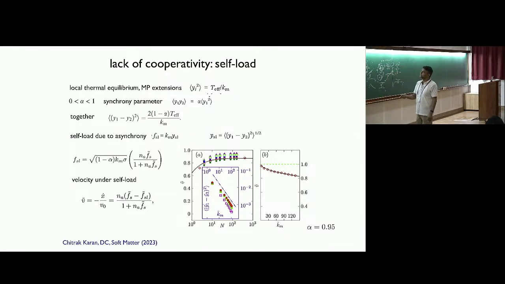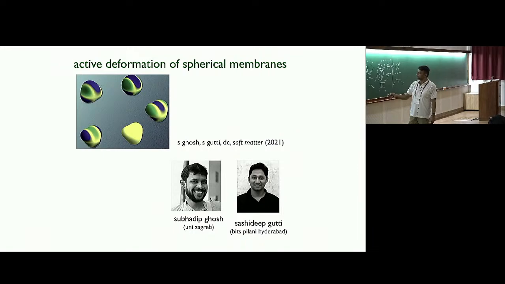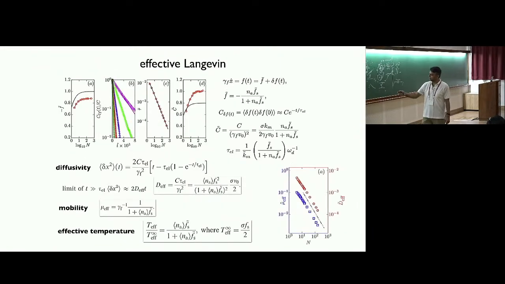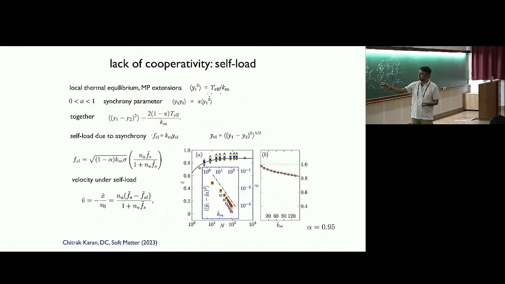It's a filament-mediated self load, which generates a little lack of cooperativity, which generates this initial mismatch in the mean field approximation of the force generation, because in this mean field approximation we did not incorporate this self load that the competition between molecular motors generates.